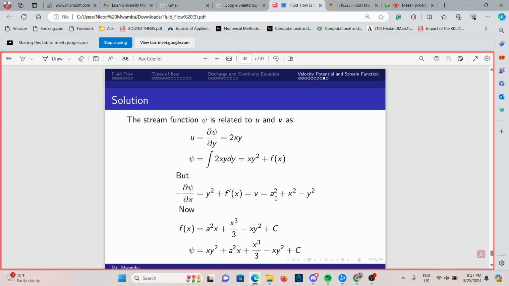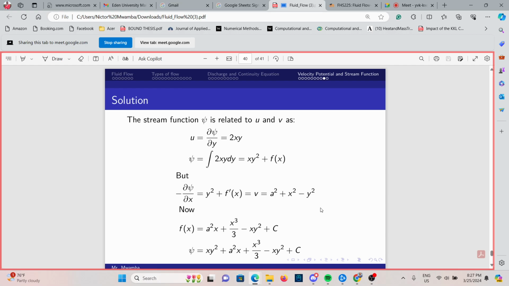a squared is a constant, there's no x here, or the x is to the power 0. When you integrate it, you get x to the power 1, and that's why we have a squared x, plus the x squared here. Increase the power by 1, divided by the new power: 2 increased by 1 gives x to the power 3 over 3, minus this y squared here.